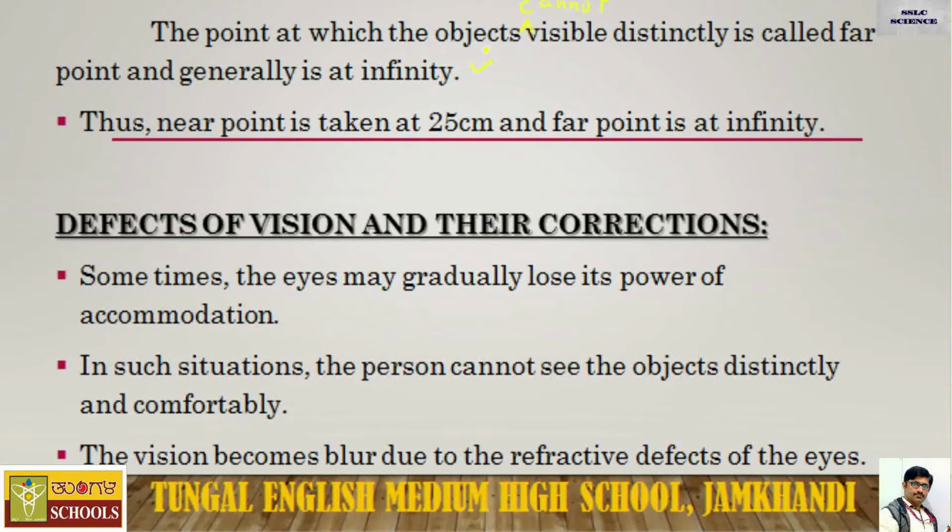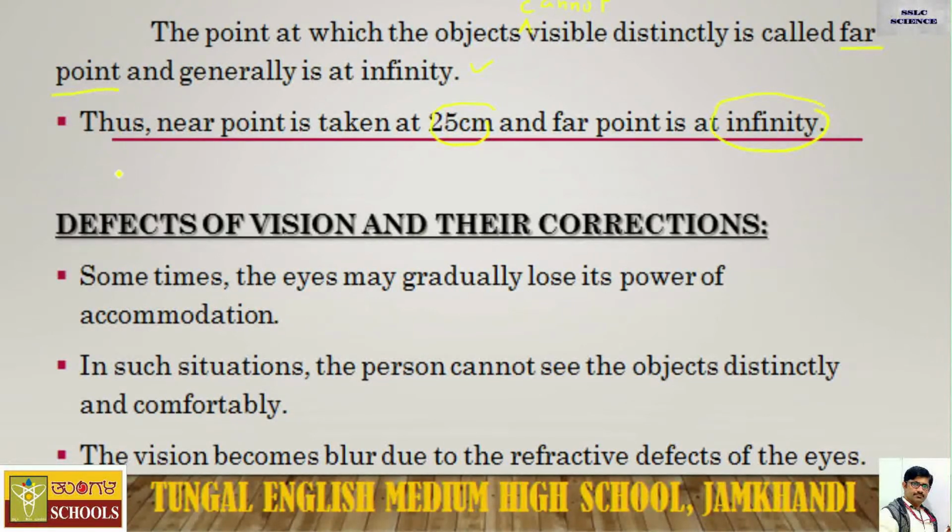The farthest point up to which objects can be seen distinctly is known as the far point of the eye, and generally it is at infinity. So the near point is taken at 25 centimeter and the far point at infinity. So this is about the power of accommodation.